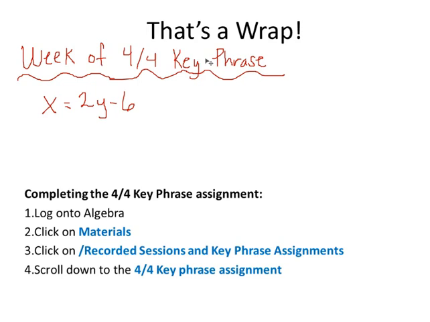Is this equation x equals 2y minus 6 already solved for one of our variables? So could we start solving this system of equations, or would we have to move things around?